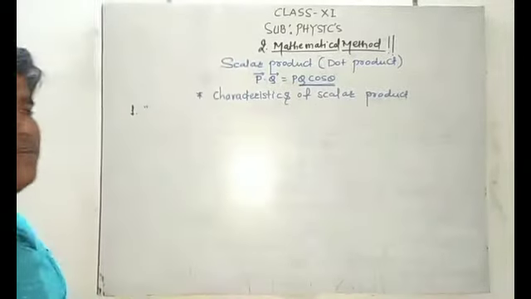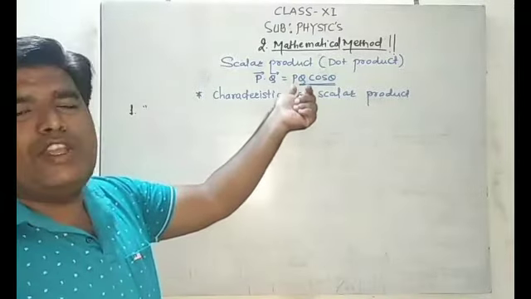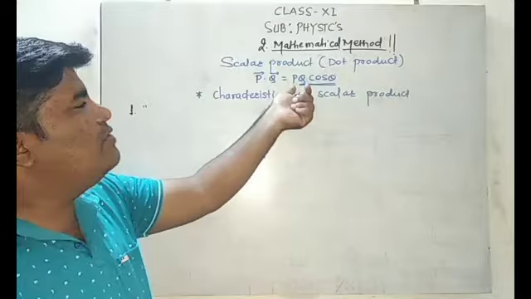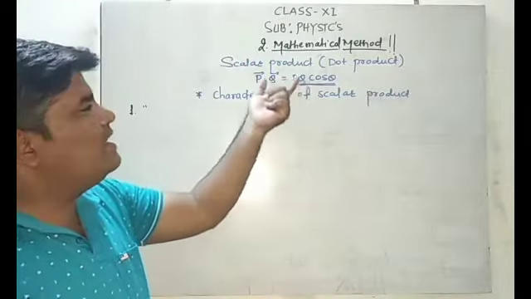is the component of the second vector in the direction of the first. And therefore what is the other definition?